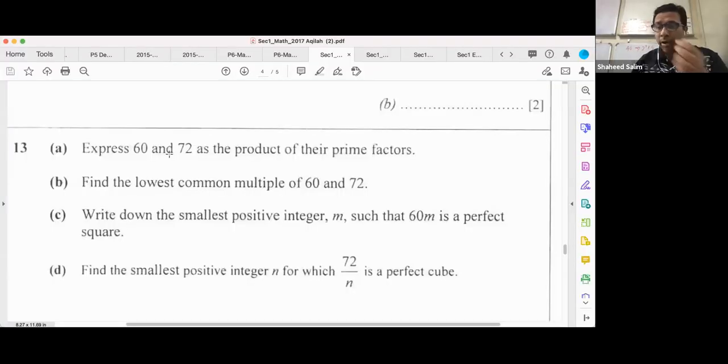Okay, you already got a prime factorization for 72, which is 2 to the power 3 times 3 to the power 2. Okay, this time they want you to cancel out certain numbers so that you can divide it into 3 groups, so you can become a cube. What do you have to divide it by?